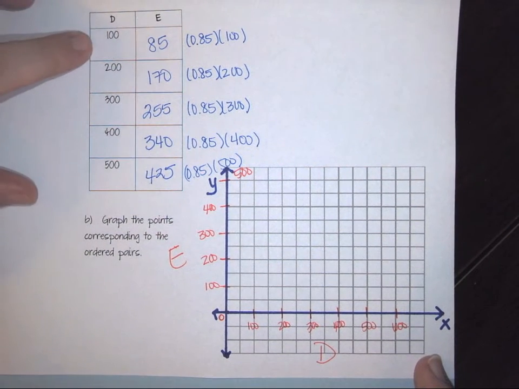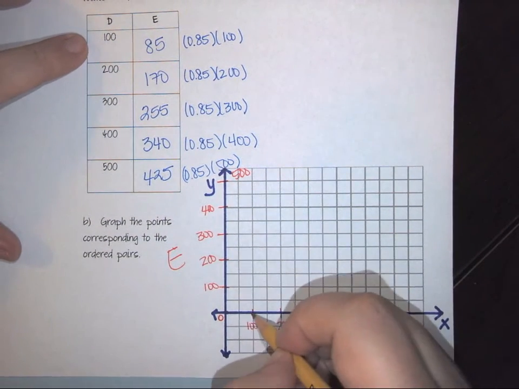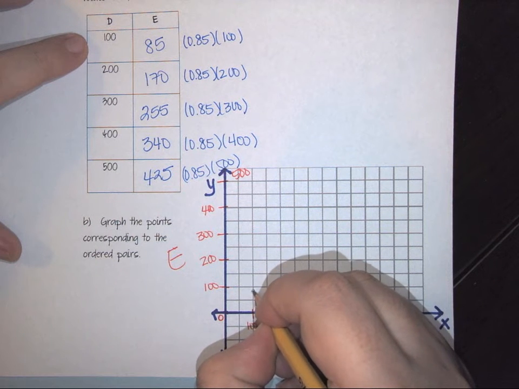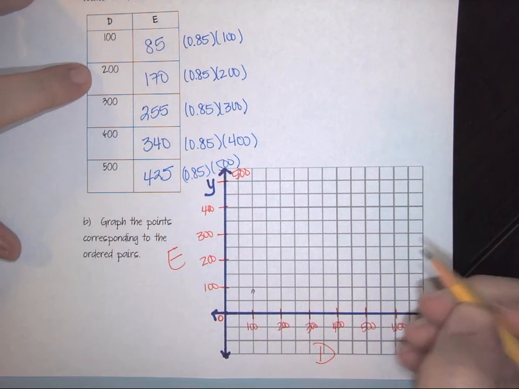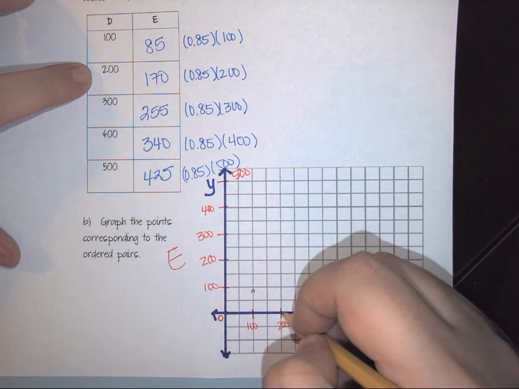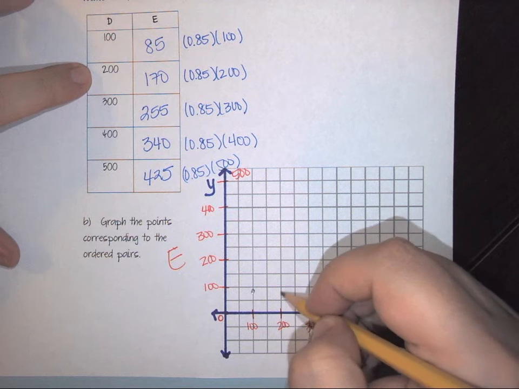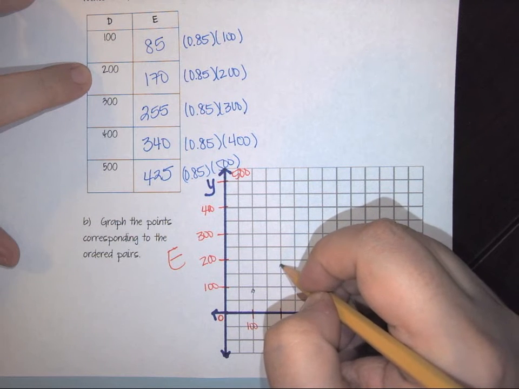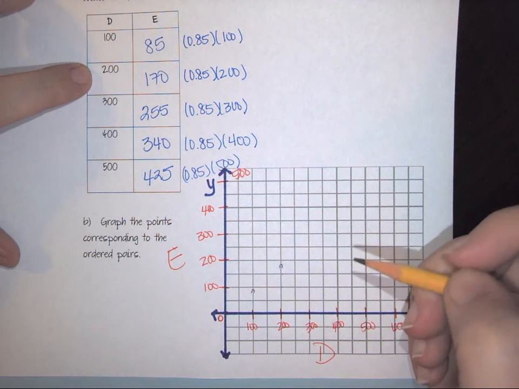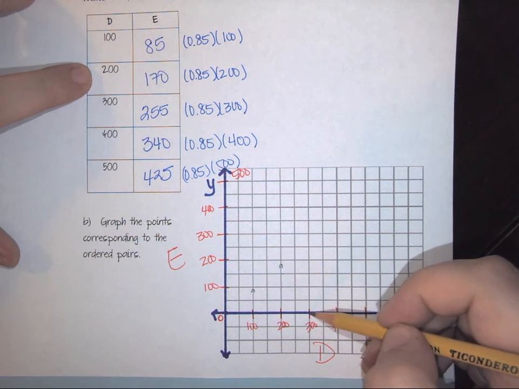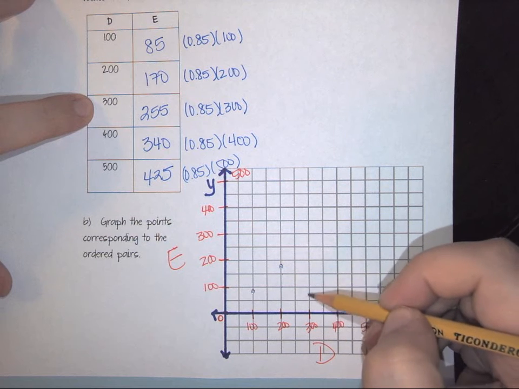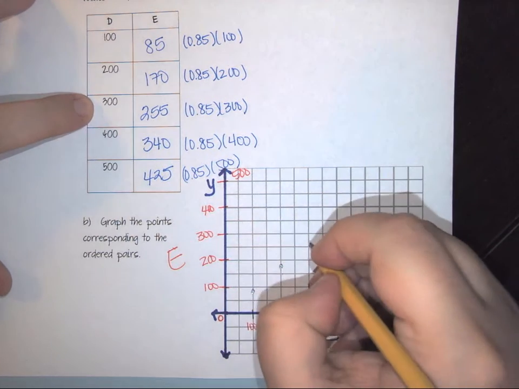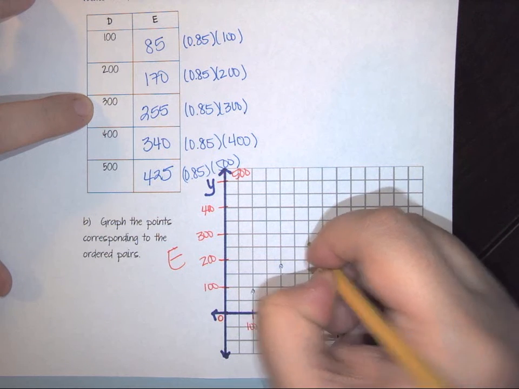So the first point I have is the point 100, 85, so I'm over at 100 and I'm almost to 100, so here somewhere around there. And then I have the point 200, so over to 200, and I'm up at 170, so here's 100, 150, 170. And then we have over to 300, and we're up at 50, 100, 150, 200, 250, and basically barely above it.